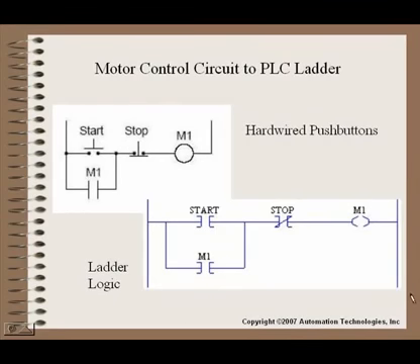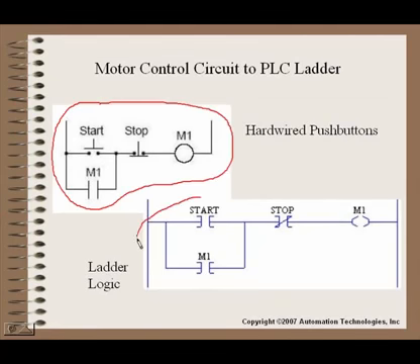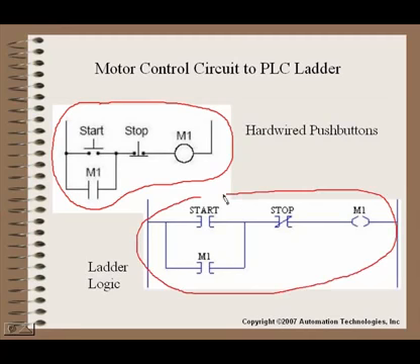So what this gives us is a situation where we have our hardwired circuit above here, and we have our PLC ladder logic representation of that circuit. Now, you see the difference, they're slightly different in the way that they are shown here, but this start contact correlates to the location that this push button comes into the PLC, and the stop contact also correlates to the position where this stop push button is wired into the PLC.